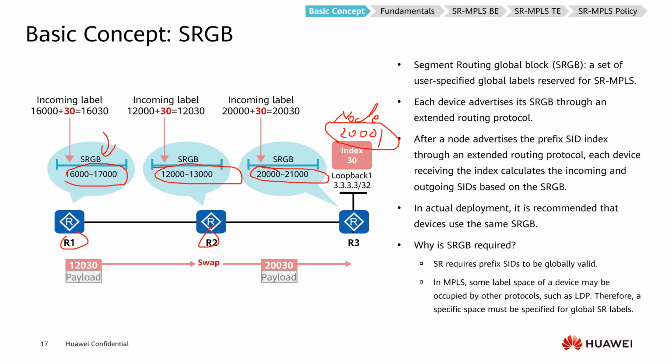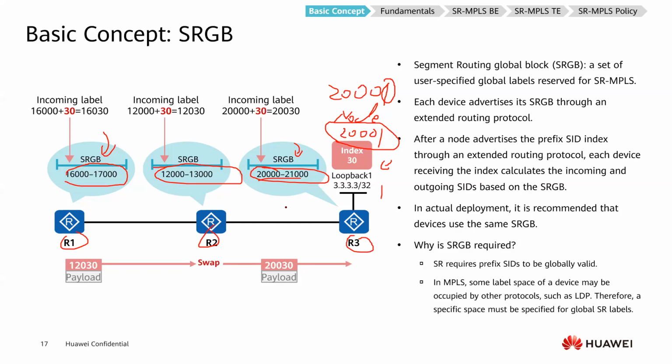For example, in R3, we know our SRGB is 20,000 to 21,000. And in R3, I will configure, for example, this segment ID as 20,001. So R3 knows this index is 1 because it counts from the start of the range. The index is 1.